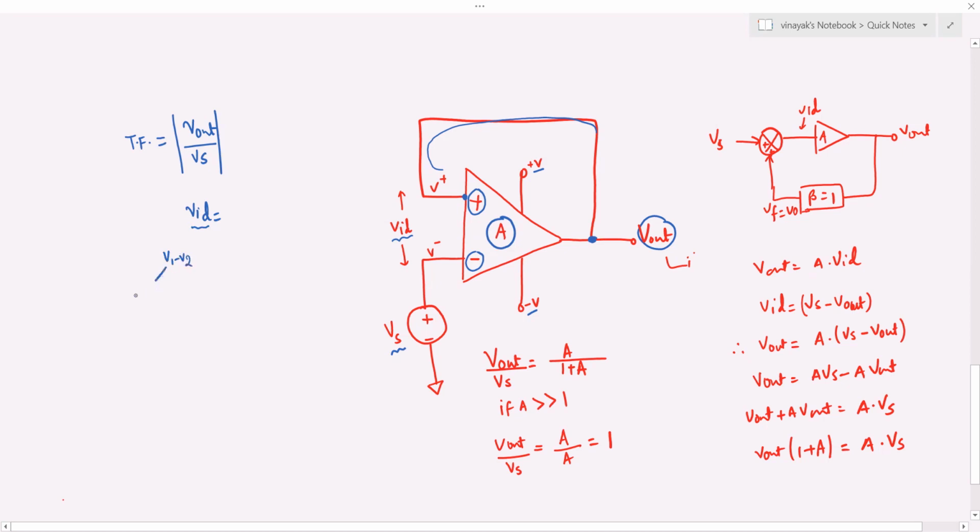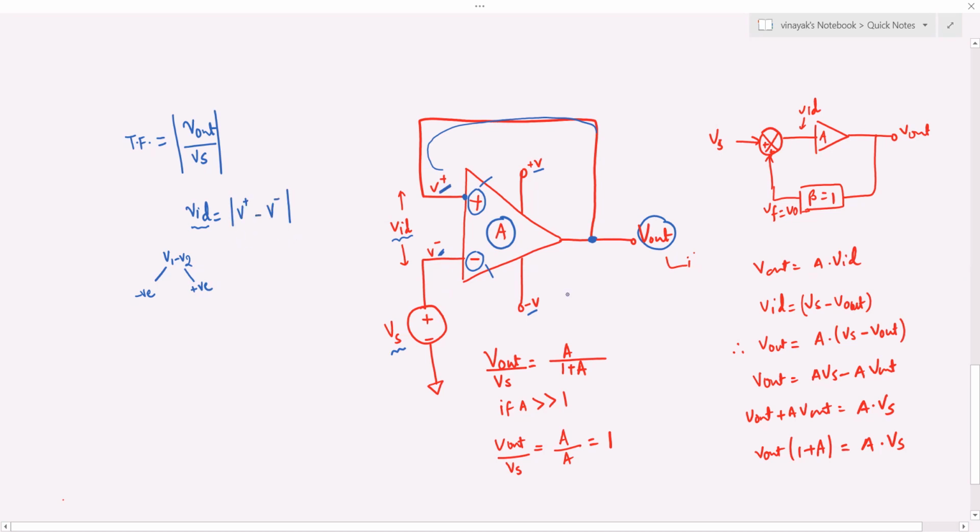That is, V1 is the negative input and V2 is the input applied to the positive pin. So to the positive and the negative pin, we have two inputs. To the positive input, we label it as V plus. Input applied to the negative pin, we label it as V minus. So we can say here, this is V plus minus V minus.